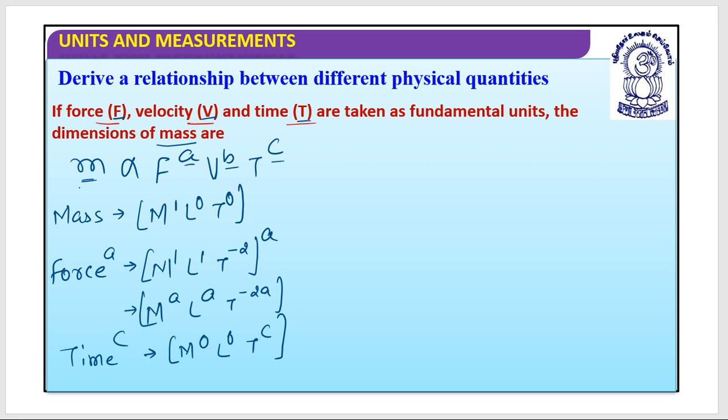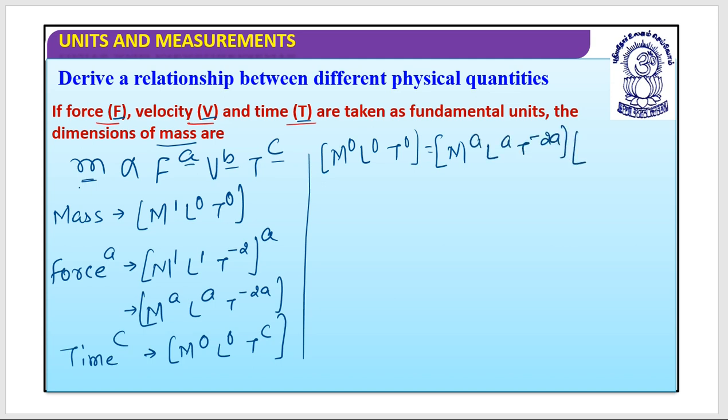Now I need to just compare this. This is M1 L0 T0 should be equal to M^A L^A T^(-2A) multiplied by T to the power C.